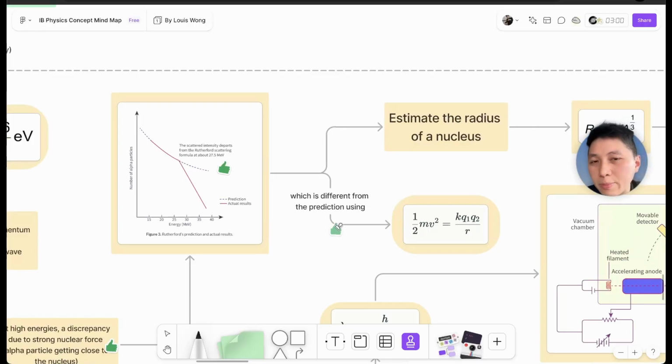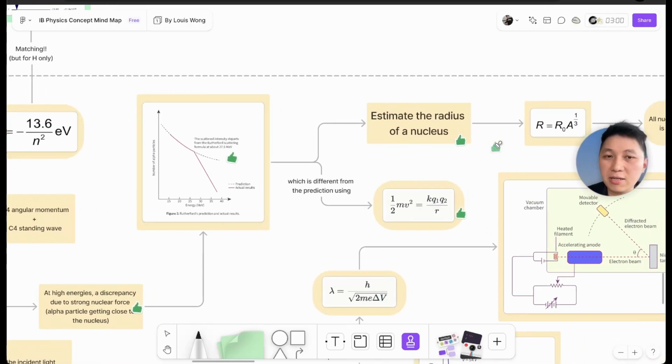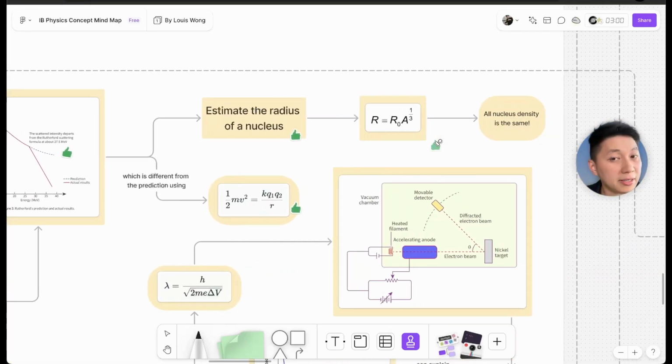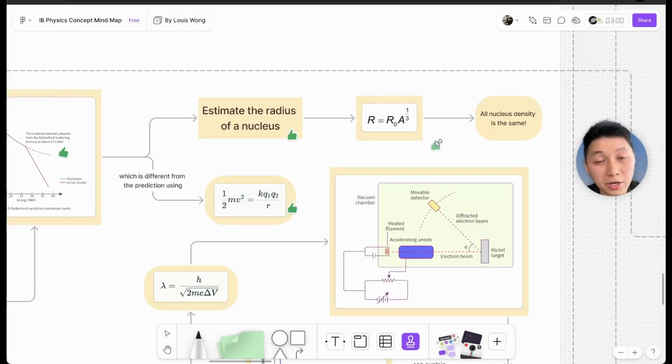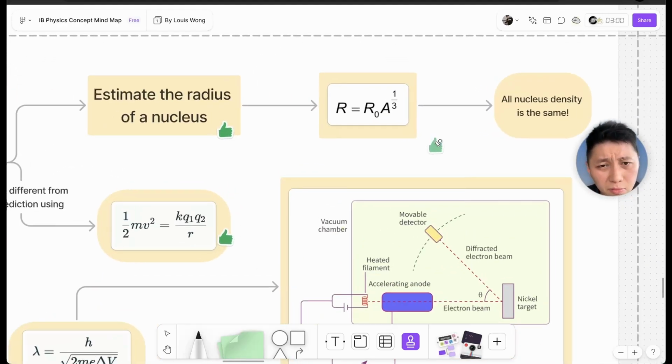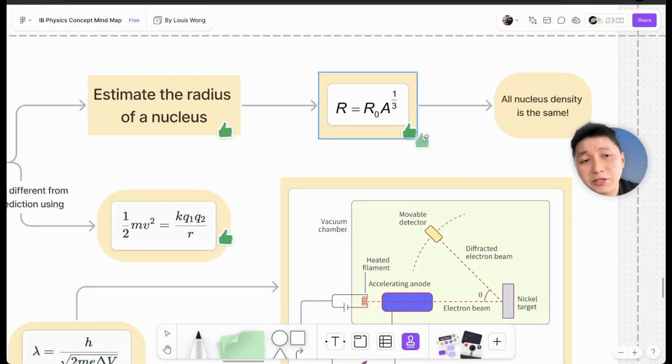It also helps us find a way to estimate the radius of the nucleus, because as we said, the strong nuclear force is only effective in the proximity of the nucleus, and so this helps us to measure the nucleus itself. There's an equation that we found, in fact, they have a certain relationship in terms of their mass number A versus the radius.